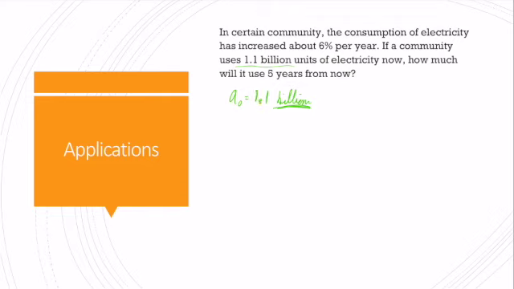So my function is a sub n equals 1.06 times a sub n minus 1. I have a sub 1 is 1.06, a 6% increase, times 1.1 billion, and that would give me 1.166.